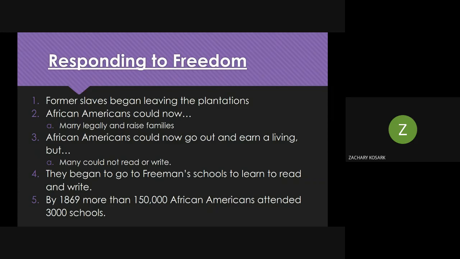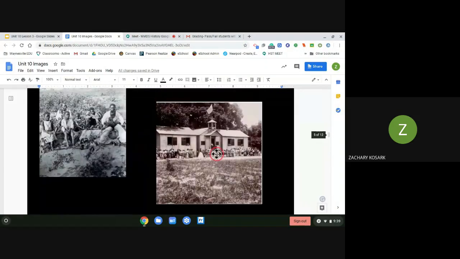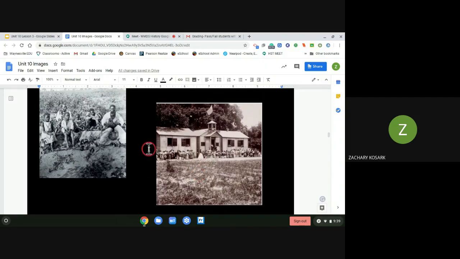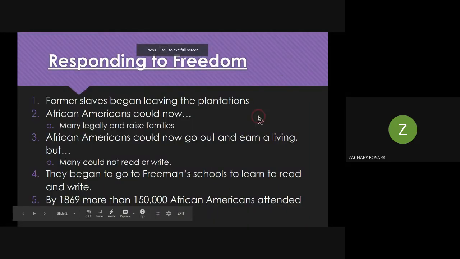African Americans could now go out and earn a living, but many of them faced difficulties in the lack of education. There were no schools on plantations when slavery existed, so they could not read or write. And we talked last lesson about the Freedmen's Bureau's introduction of schools, where grandparents and grandchildren would often be sitting in the same schoolroom, learning to read or write just to have a better opportunity in terms of their education and job opportunities.